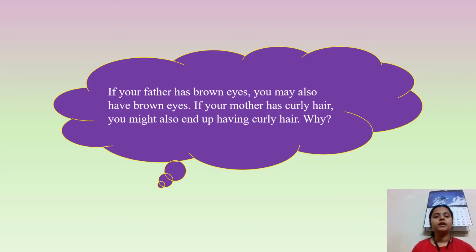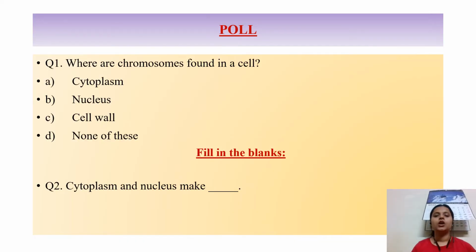Also, you can write down your answers in the chat box so that I can read them later on. There are other questions for you. The first question is, where are chromosomes found in a cell? You need to choose the answer from the given options.